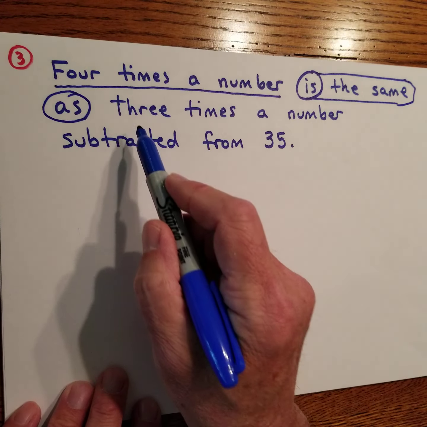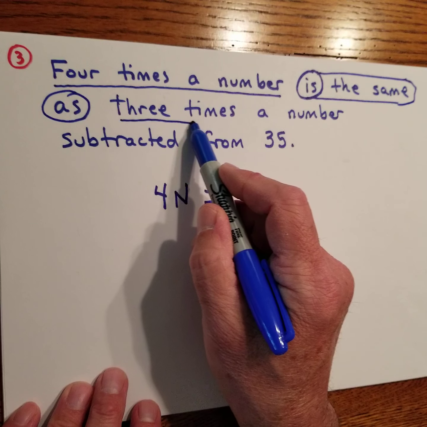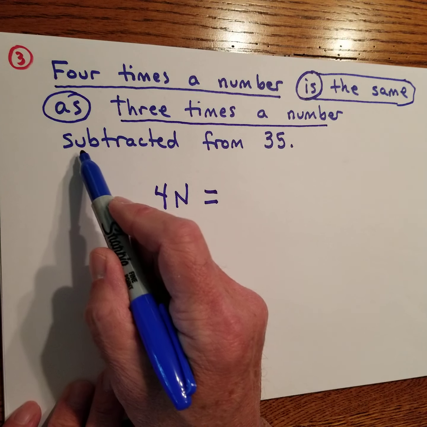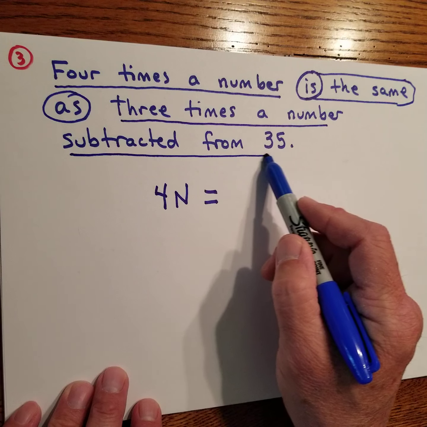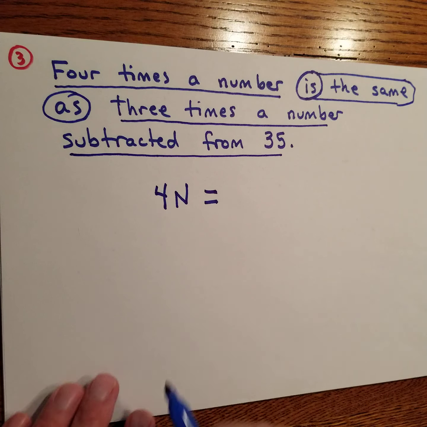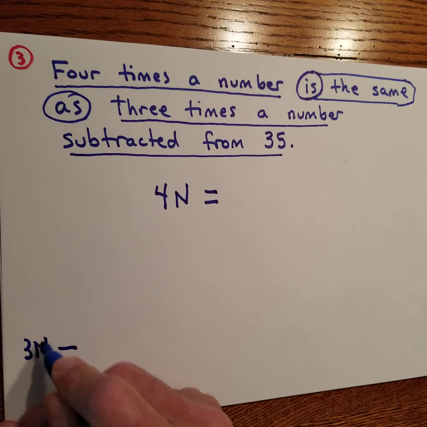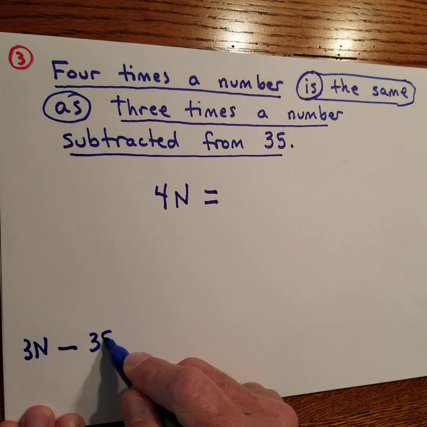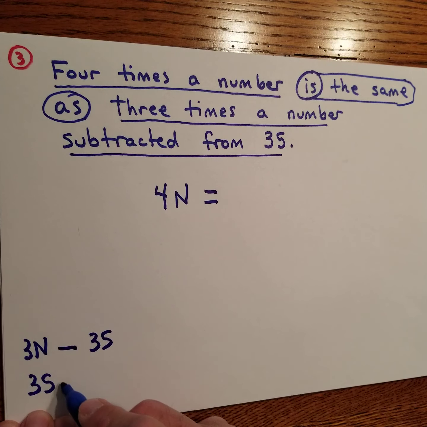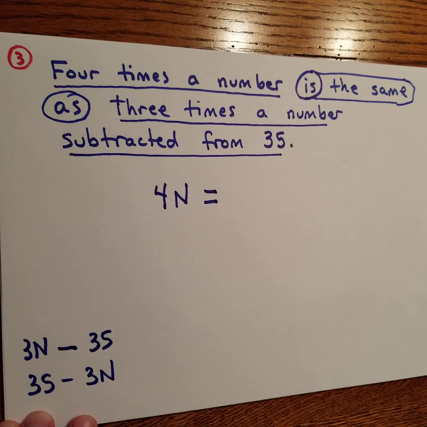After the equal sign, I need 3 times a number subtracted from 35. Subtracted, let's be careful. Is that going to be like this or like this? One way is right, the other way is wrong.